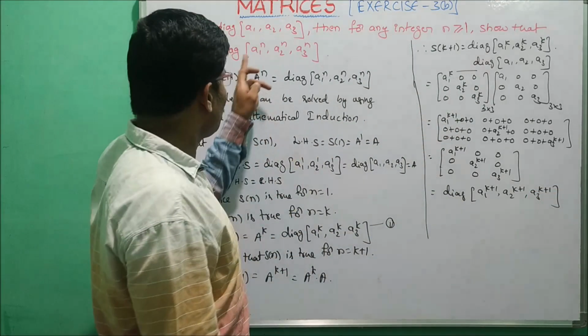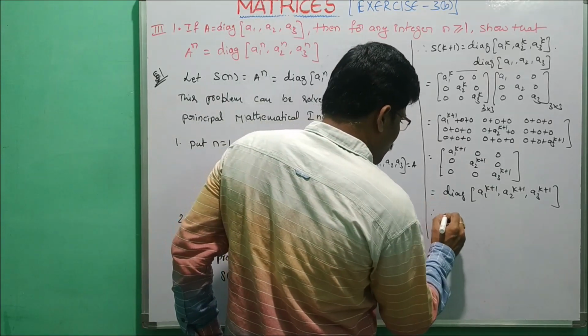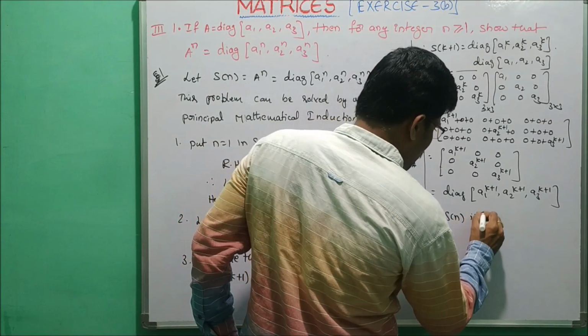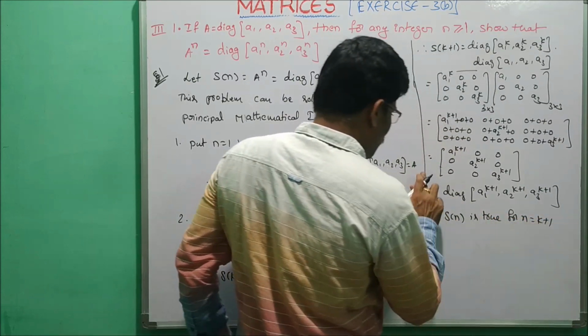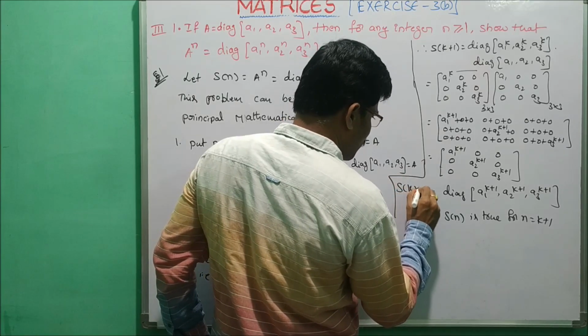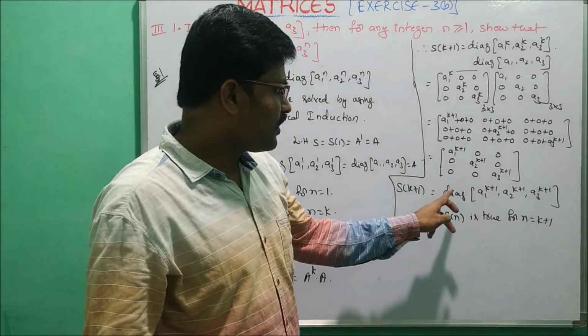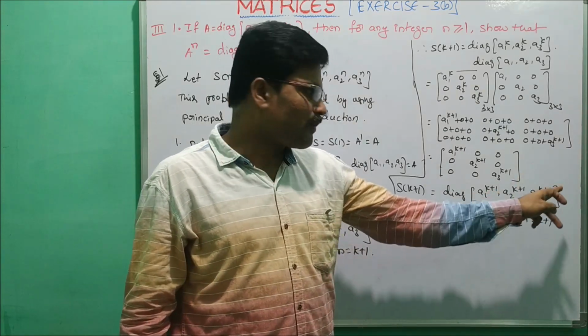So here n is replaced by k plus 1. That means S of n is true for n equals k plus 1. So S of k plus 1 equals the diagonal matrix A1 power k plus 1, A2 power k plus 1, A3 power k plus 1.